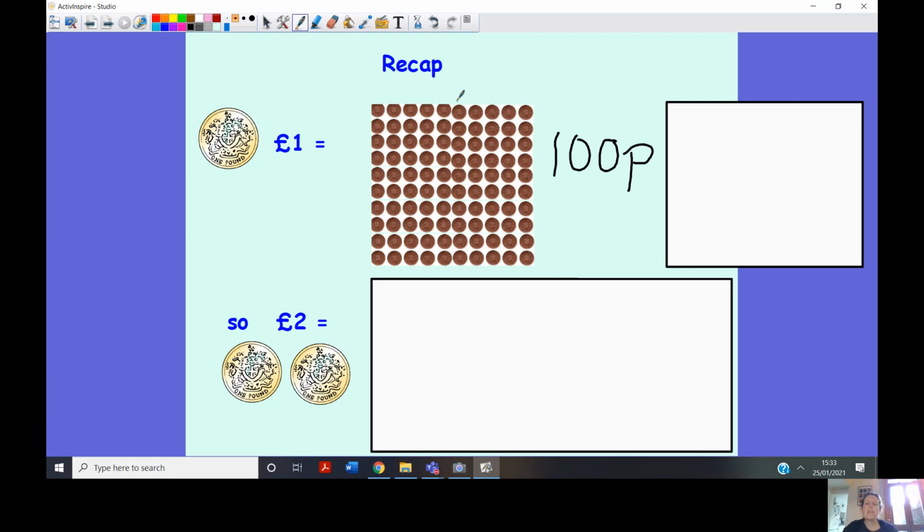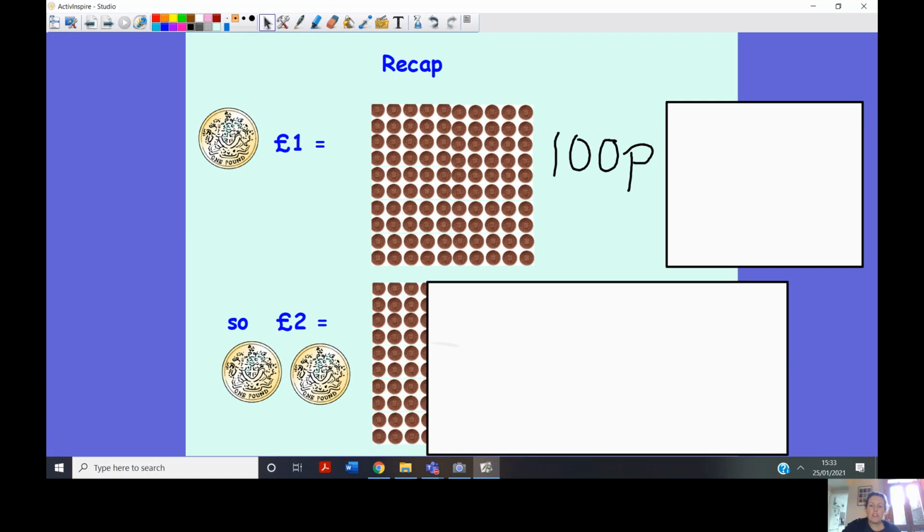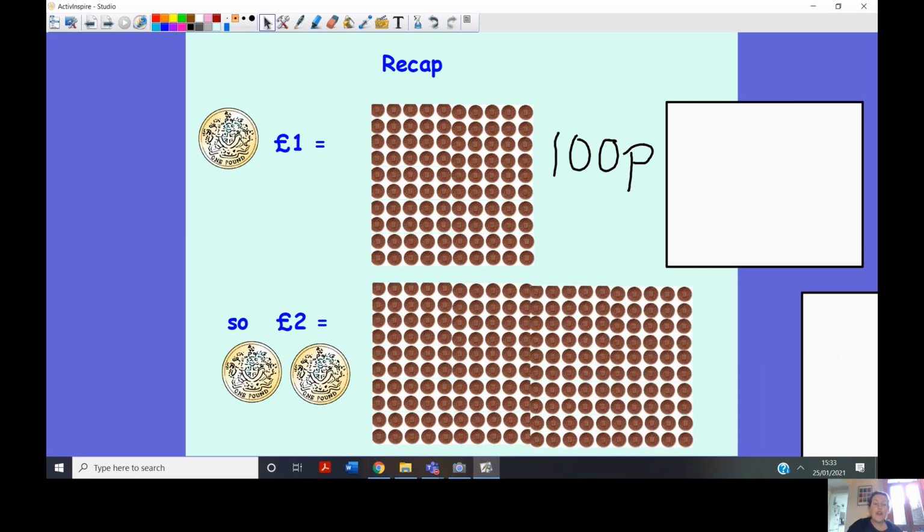And there are 100 of them that make up £1. So if £1 equals 100 pence, what does £2 then equal? I wonder if you've got an idea. £2 equals 200 pence, 200 1p coins. So we know this fact that £1 is equal to 100 pence.